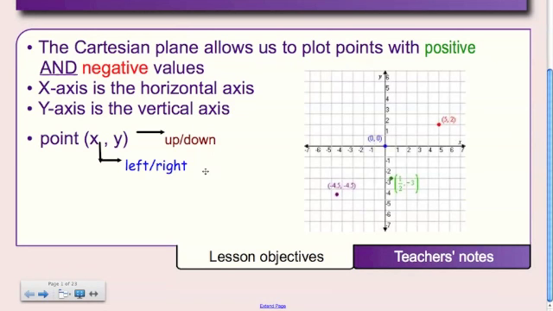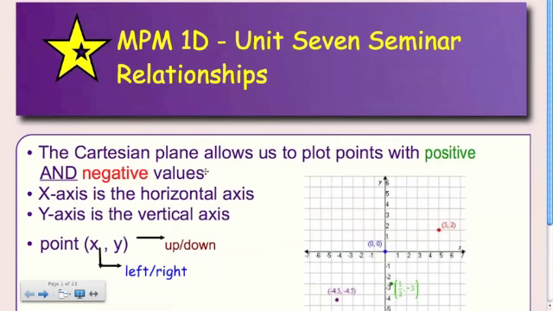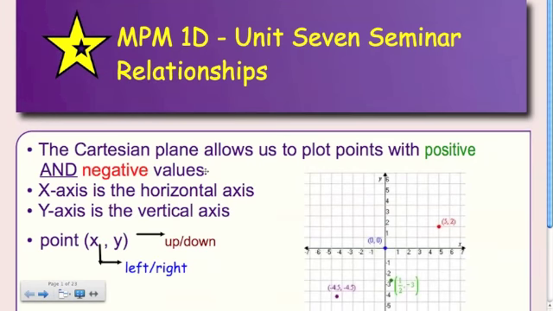Up or down with your y point. Up is positive, down is negative. Very simple stuff, but you cannot mix it up, even in grade 10, Unit 1 tests. I always see kids mixing up their x and y points when they have to do something as simple as plotting on the Cartesian plane.